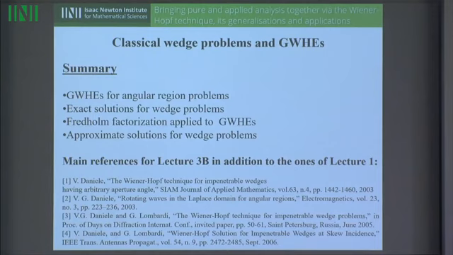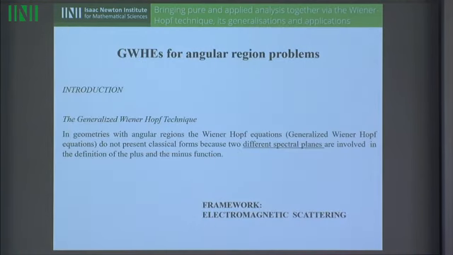And here is one of the main references with results about impenetrable wedge at skew incidence when you have anisotropic surface impedance, so the general problem about wedge. So let's recall what generalized Wiener Hopf equations are.